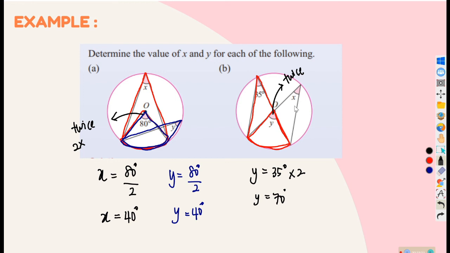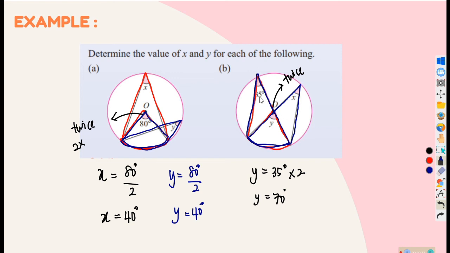This one you can use the first one that we learned, the butterfly one. So you can see this one is a butterfly. So here is x and then goes down, and then goes to the same arc and then you go back up here, and then you go down and it goes to the same arc.